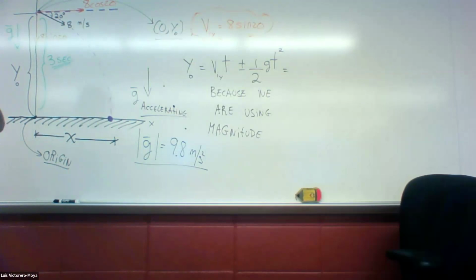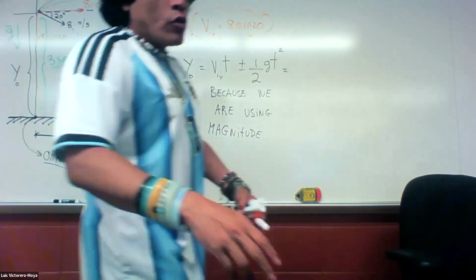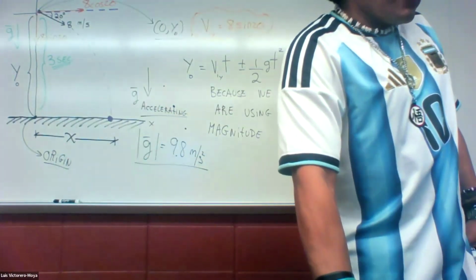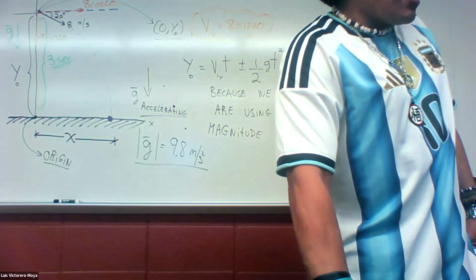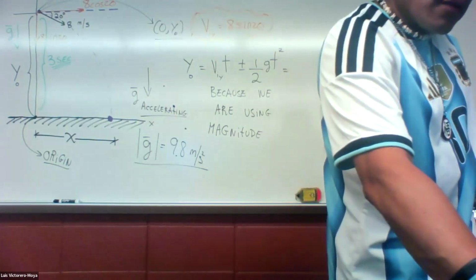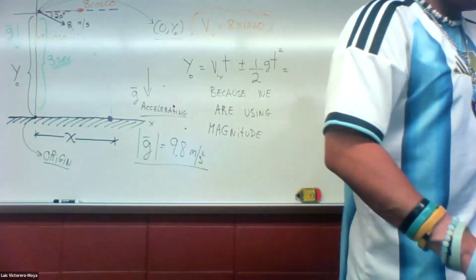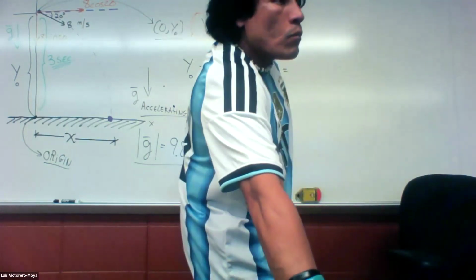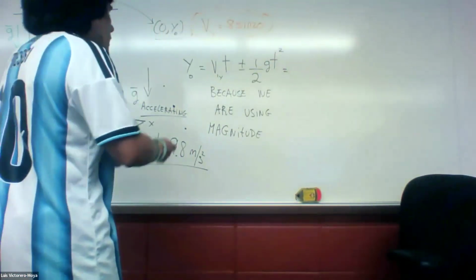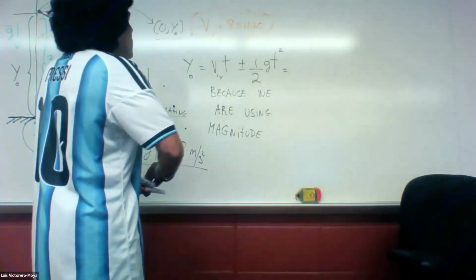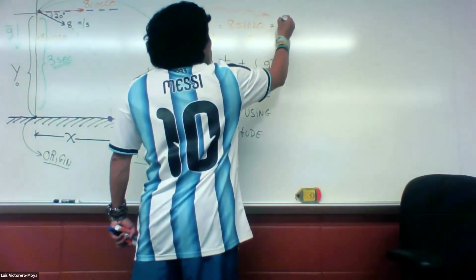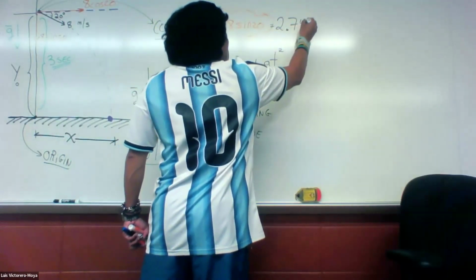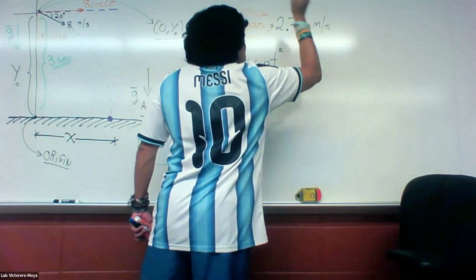So now let's solve for the y naught. And let's actually use this 20 sine plus 8, 2.73. Okay, so this is 2.74 meters per second.